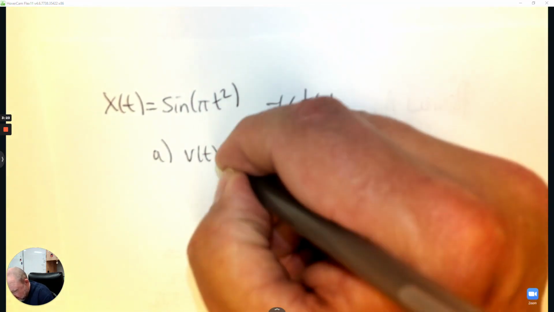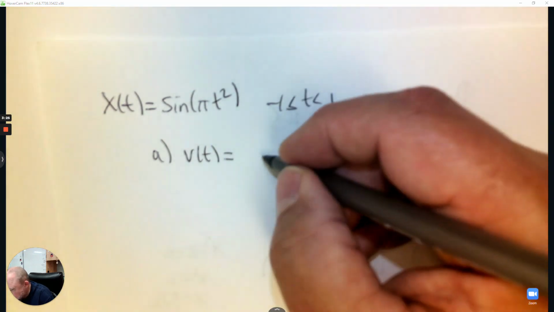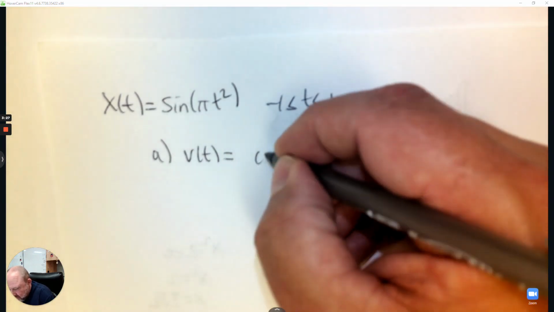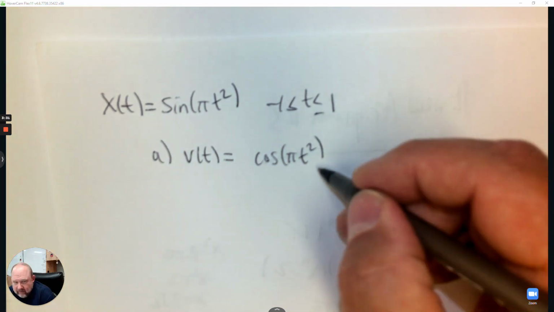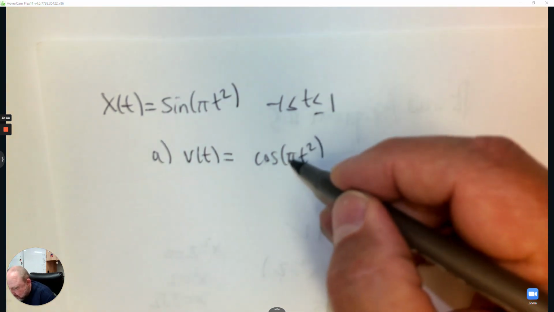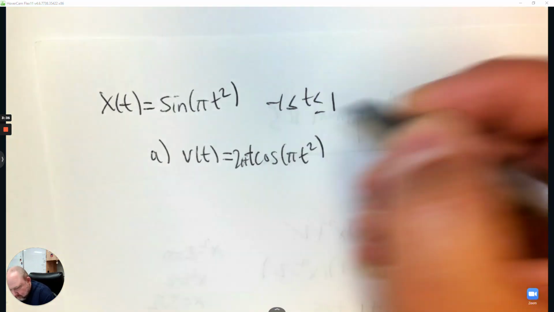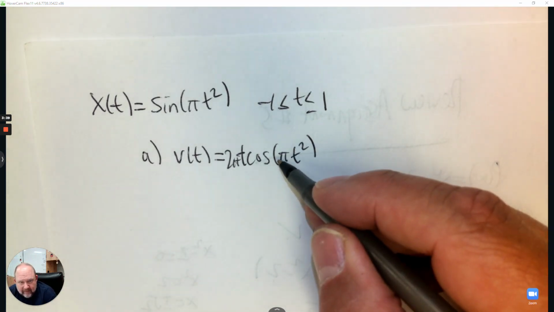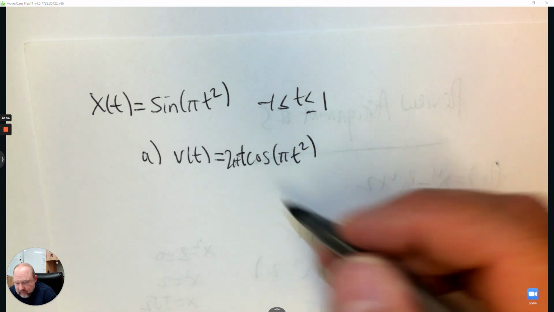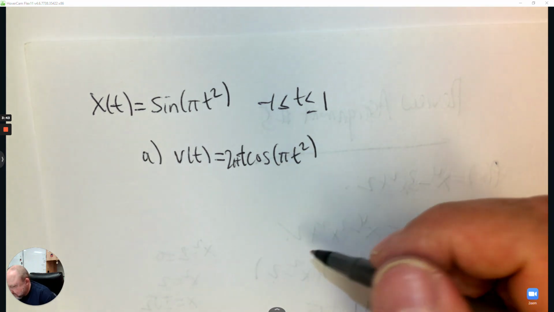Well, I don't need a calculator for that. The rule for sine is cosine, copy. And then the hook, the derivative of this is 2 pi t. So 2 times pi, and then subtract 1 from the exponent. The hook is 2 pi t.